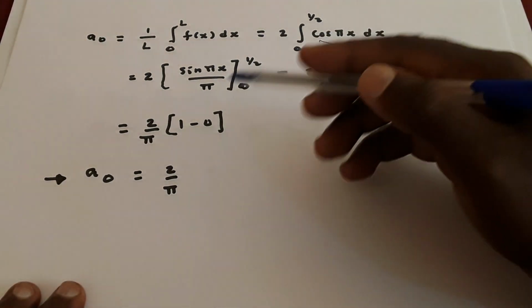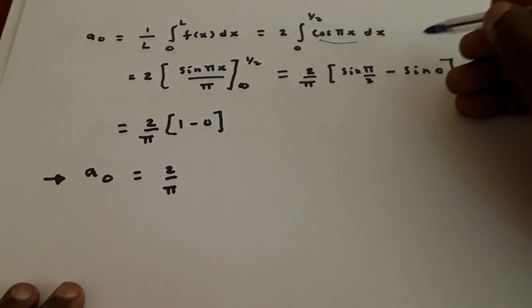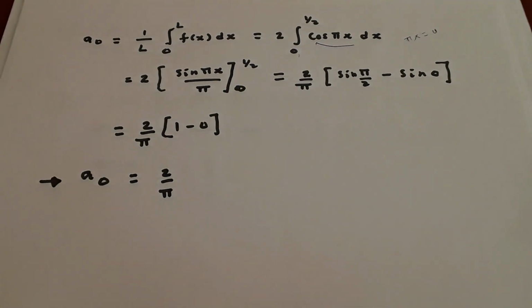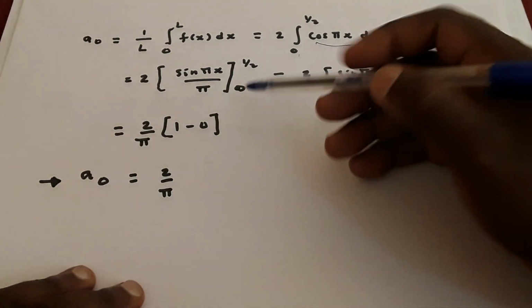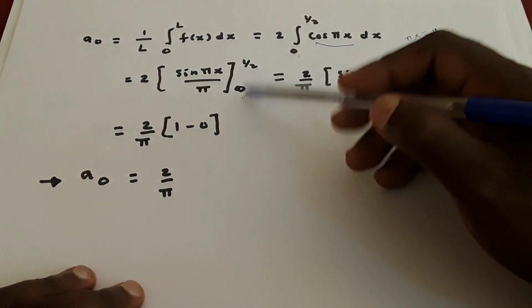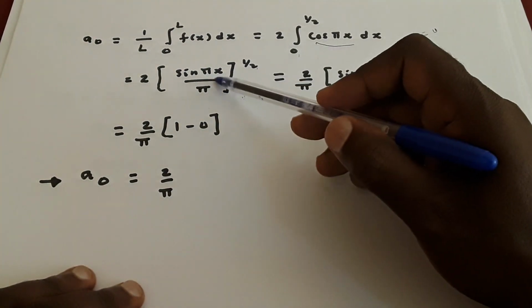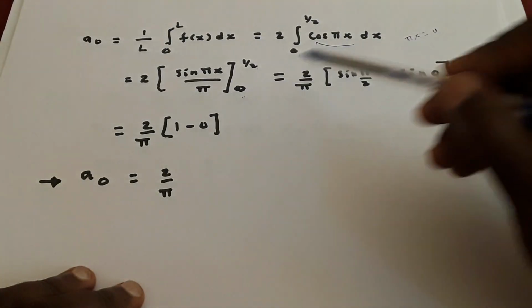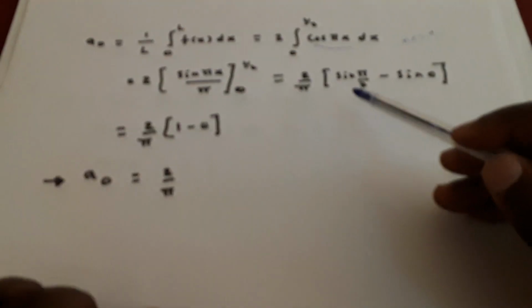So we get sine pi x over pi, letting pi x equal u, du equals pi dx. At x equals half, we have sine pi over 2; at x equals 0 we have sine 0.